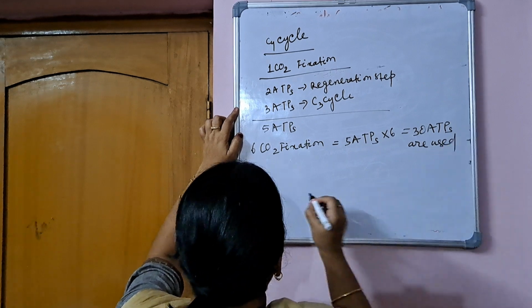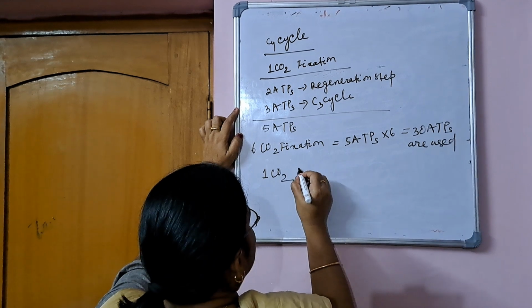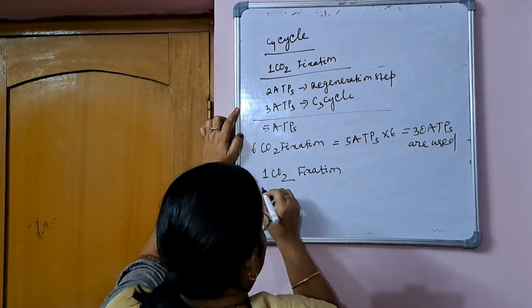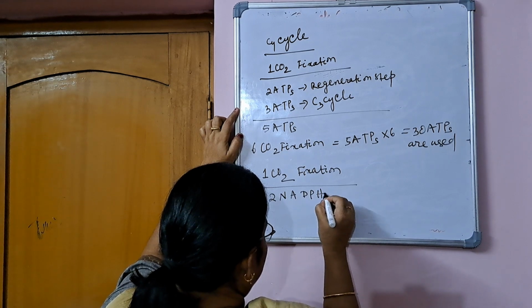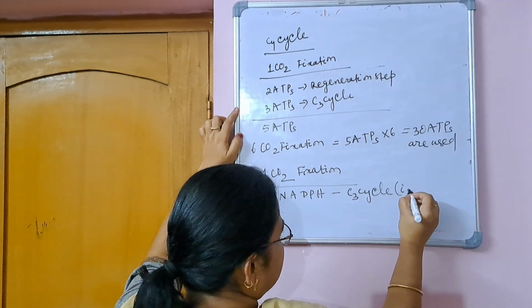Now come to NADPH. For 1 CO2 fixation, 2 NADPH, that is happening in the C3 cycle in the bundle sheath cell.